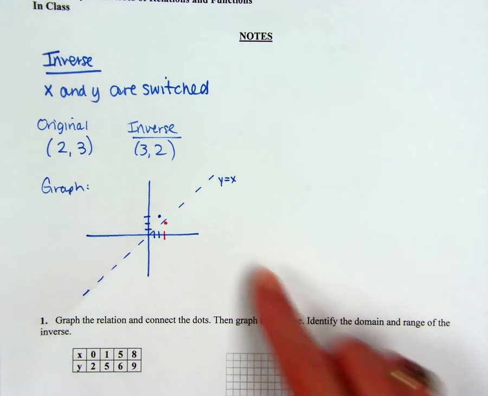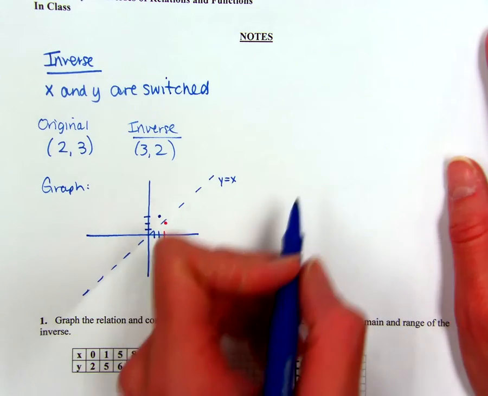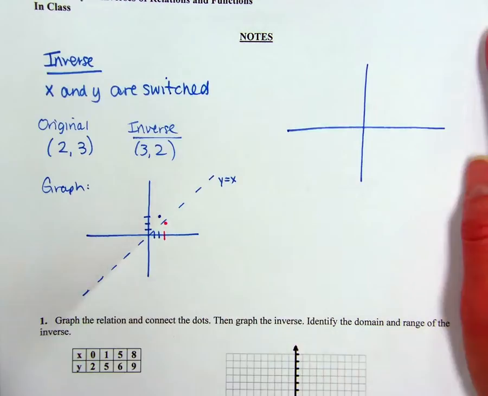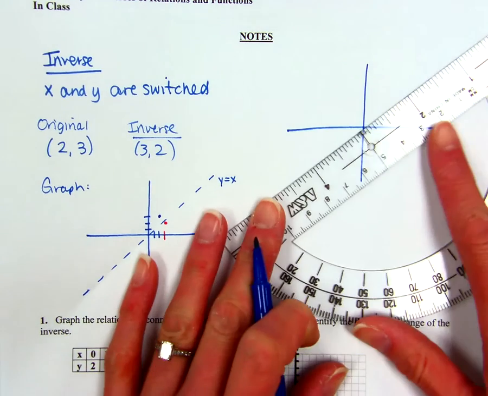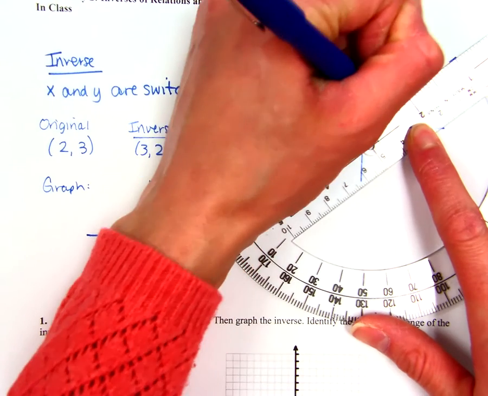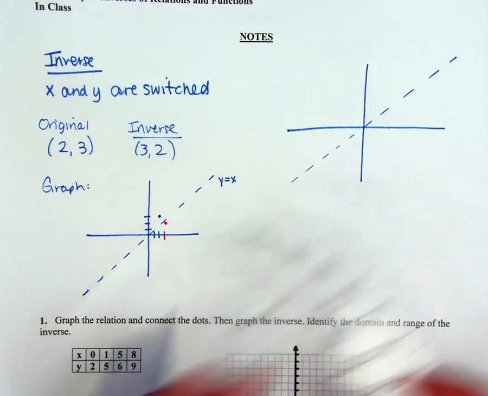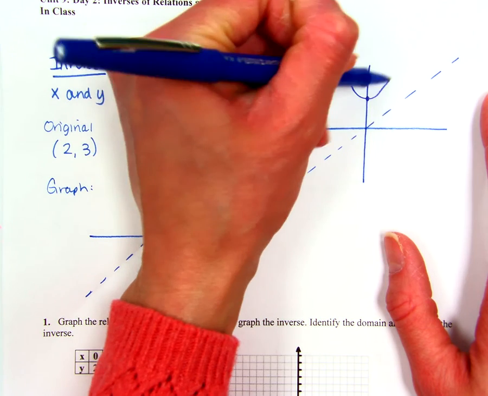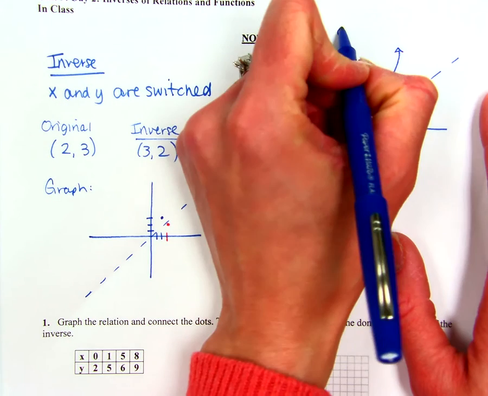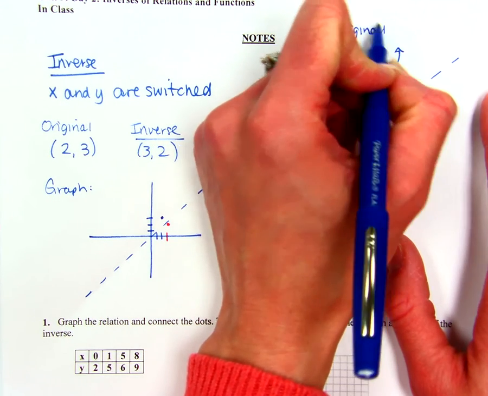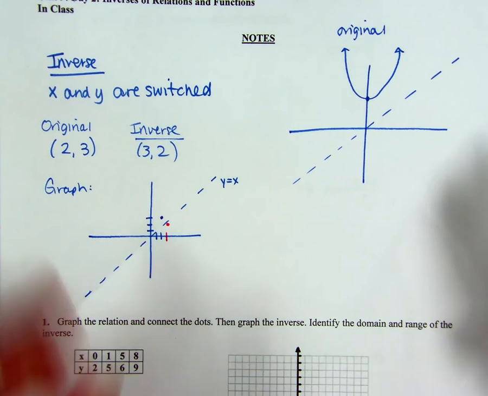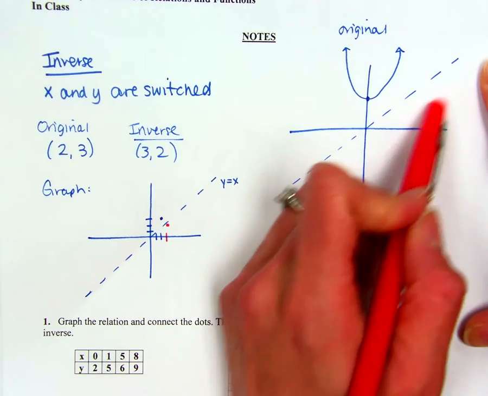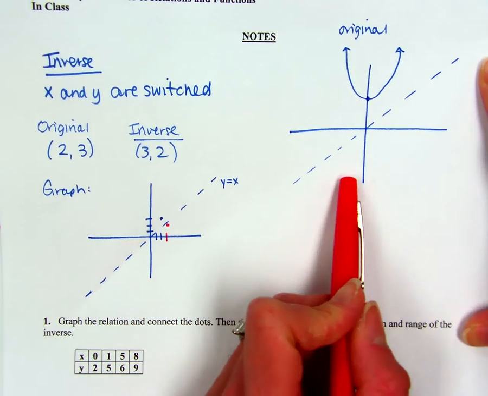So, for example, if I had an entire function, and here's my reference line, and I had a parabola that opened this way, this was the original graph, then the inverse would be whatever that graph folded over the line y equals x is.